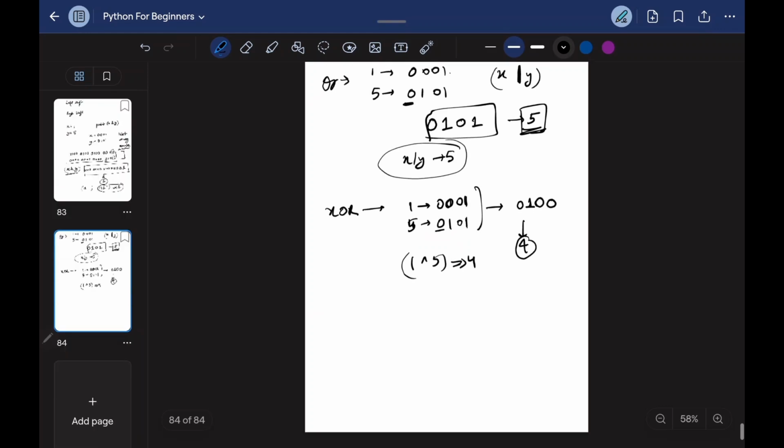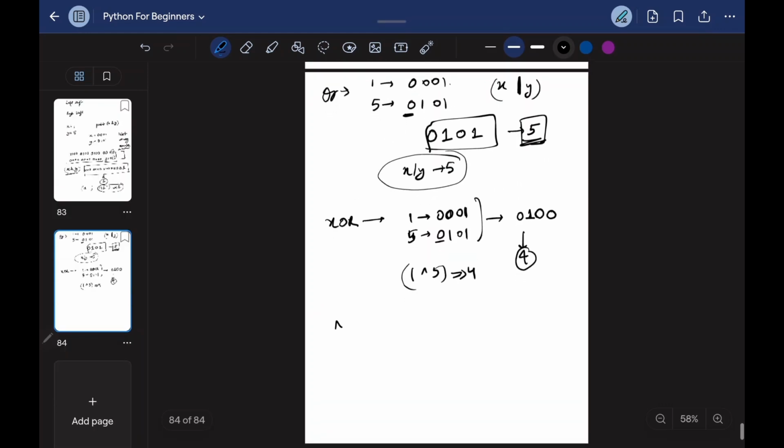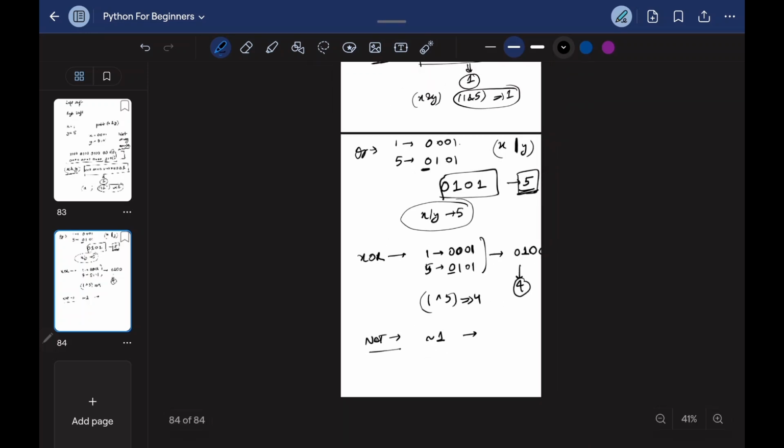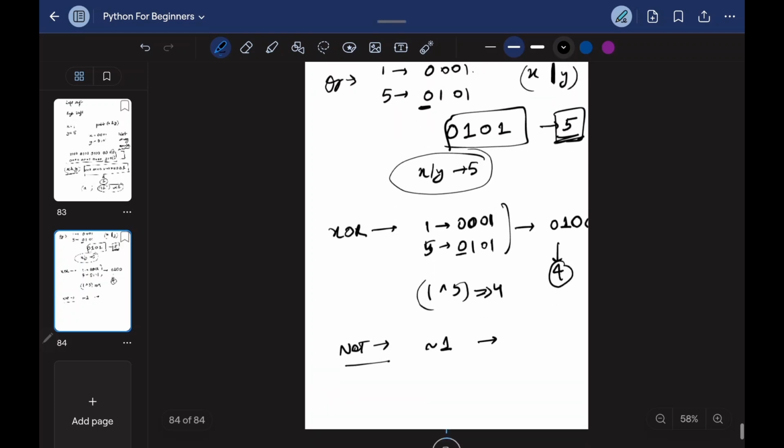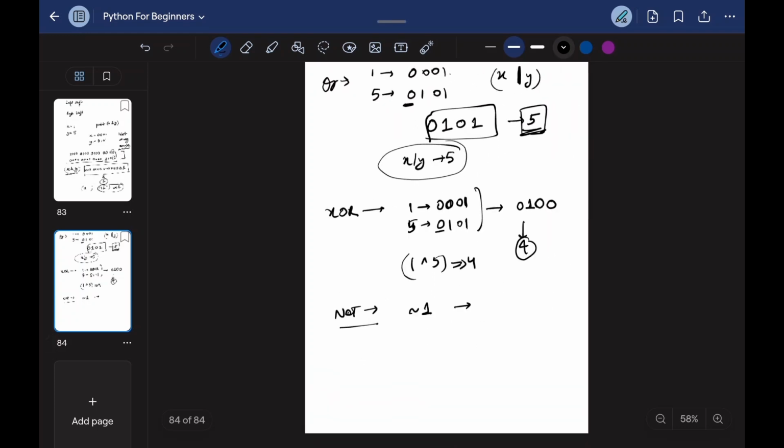Now if we take the example of the NOT operator, if I do tilde of 1, as I said there are 16 bits, right? 0001, so all the zeros will become 1 and this 1 will become 0.